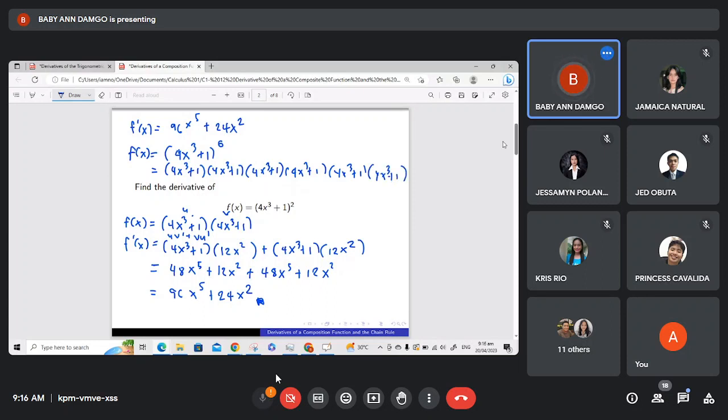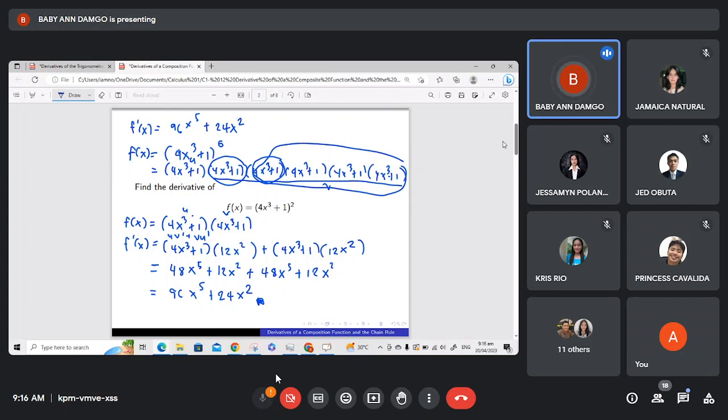In which, this is your u, and then this whole is your v. So if you use this, get the derivative. Then get the derivative of this too. It takes a long time.